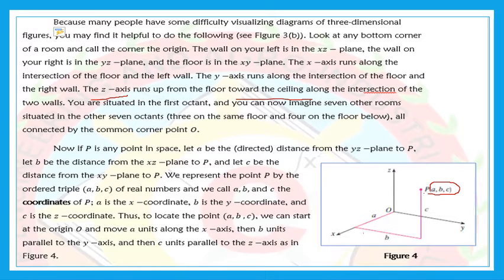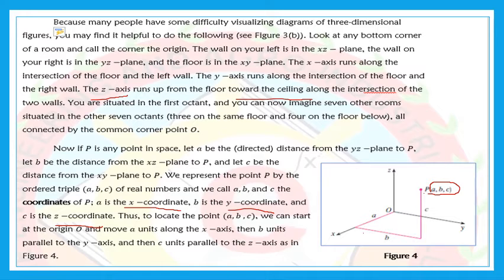So pwede din na X, Y, Z. Okay. A is the X coordinate, and B is the Y coordinate, and C is the Z coordinate. Thus, to locate the point A, B, C, we can start at the origin O and move A units along the x-axis, and then B units parallel to the y-axis.